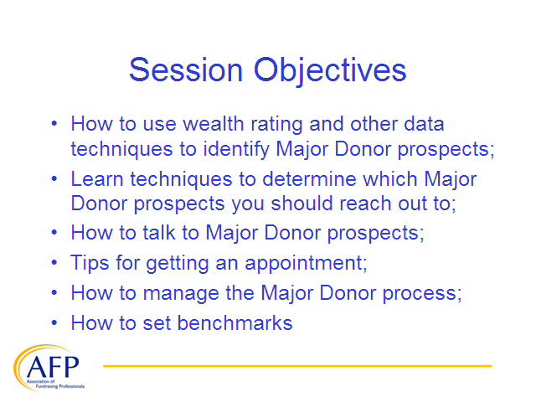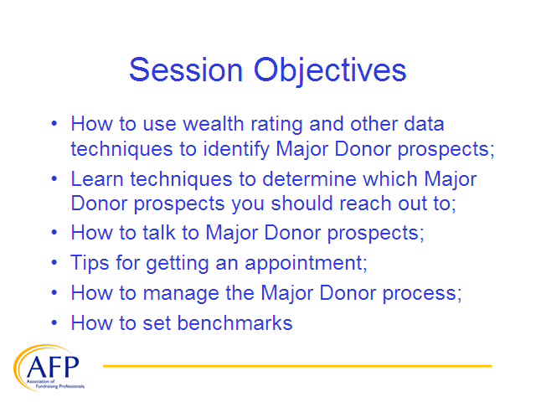Then we'll look at some techniques to determine, once you've identified those major donor prospects through using data, which major donor prospects you should reach out to. At that point, we'll take some questions about the data and the identification portion. And then Phil is going to talk about how you should talk with those major donor prospects.